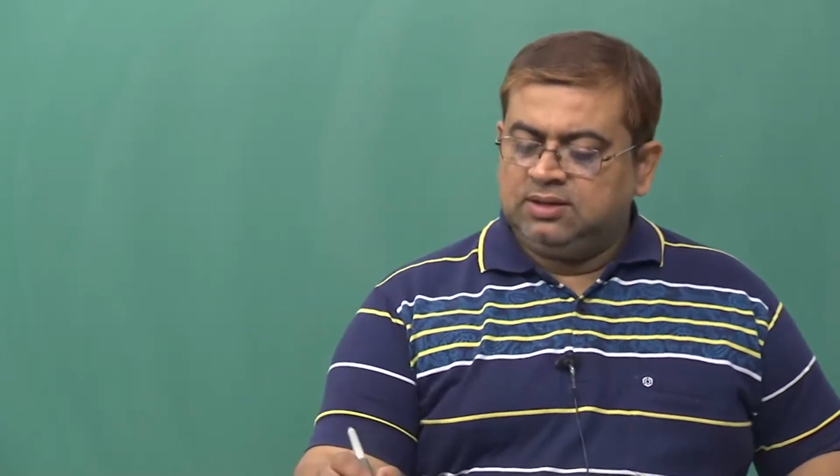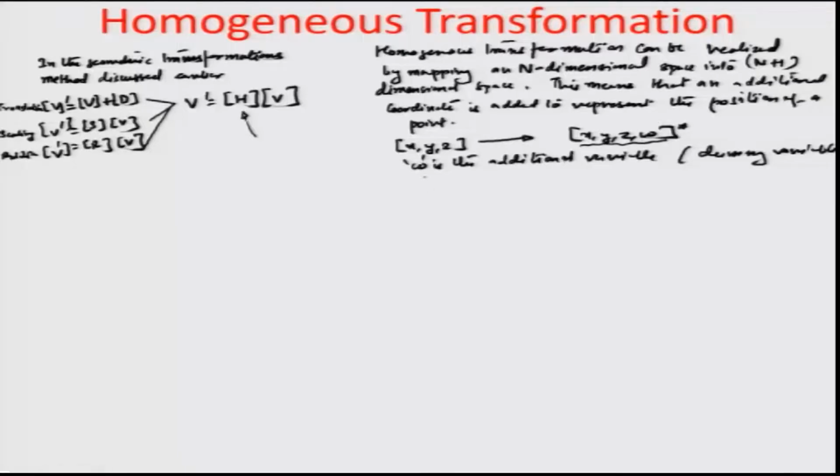So, the coordinates here can be scaled to x by w, y by w, z by w and 1. Just because it is a dummy variable, it can be used for scaling, and this serves to convert the addition into multiplication matrices. Let us see how.